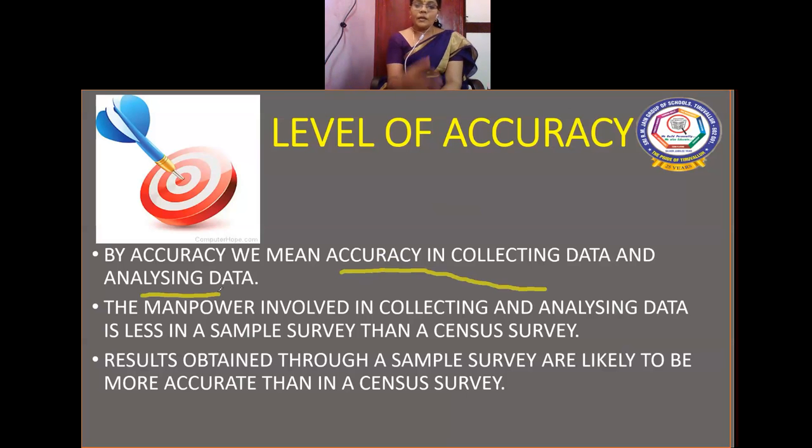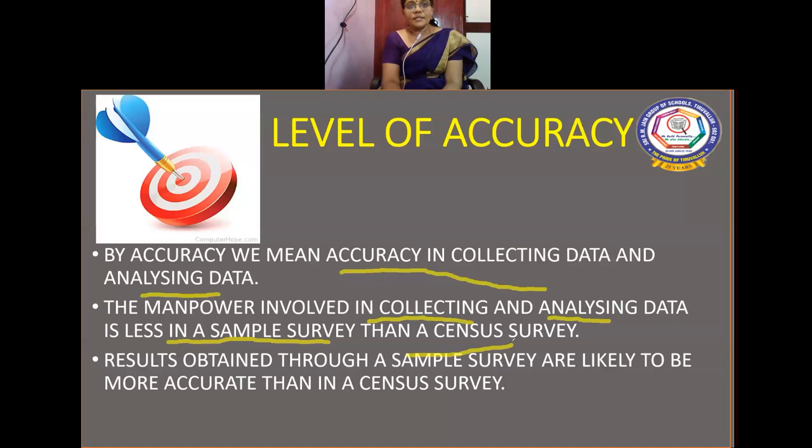Whatever data we are going to collect, definitely we will expect some accuracy in that. So accuracy is needed while collecting data as well as analyzing data. The manpower involved in collecting and analyzing data is less in a sample survey than in a census survey.